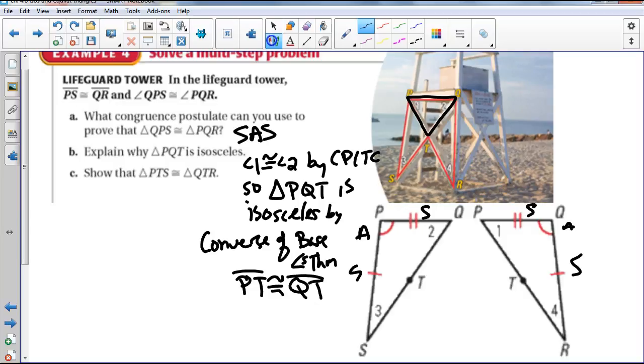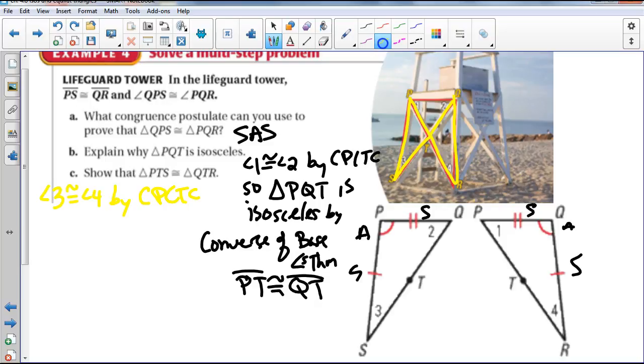Write that down. And then it says show that triangle PTS is congruent to triangle QTR. So I'm going to go ahead and erase that and highlight the other one in this yellow color. So we have to show that this triangle and this triangle are congruent. Okay, so what we know is angles 3 and 4 are congruent by CPCTC. So we know angle 3 is congruent to angle 4 by CPCTC.